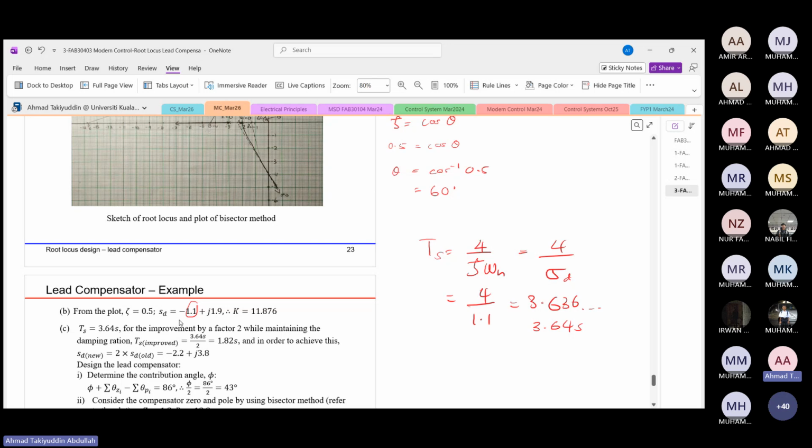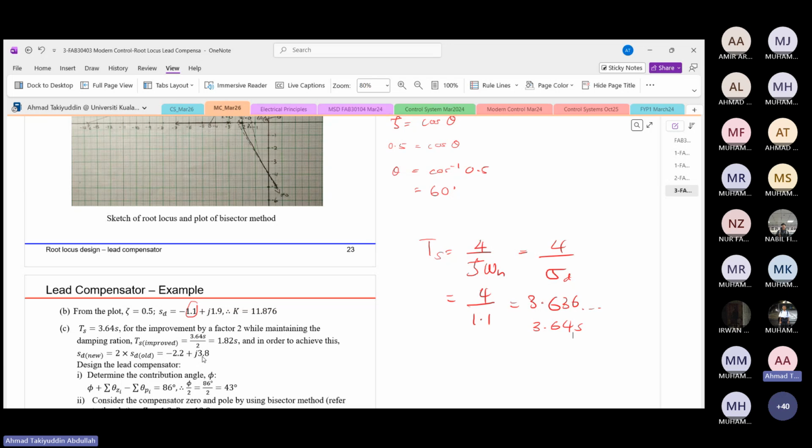This sd old is minus 1.1 plus j1.9, so you are going to have minus 2.2 plus j3.8. Right, guys? So this is how you get an improvement of the settling time to 1.82 seconds.